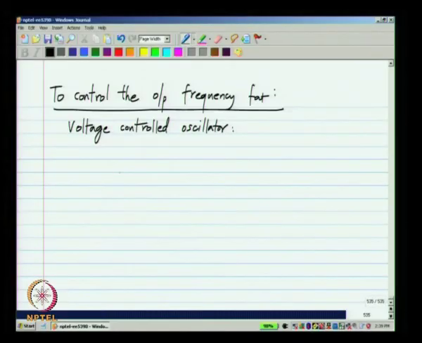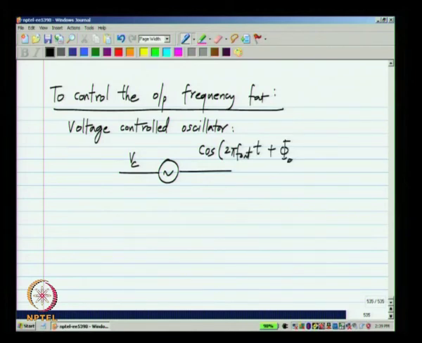So, what it does is to receive an input voltage Vc and give a periodic signal, which as usual I will denote with a cosine at a frequency f out, and there will be some arbitrary phase shift phi out. Okay.